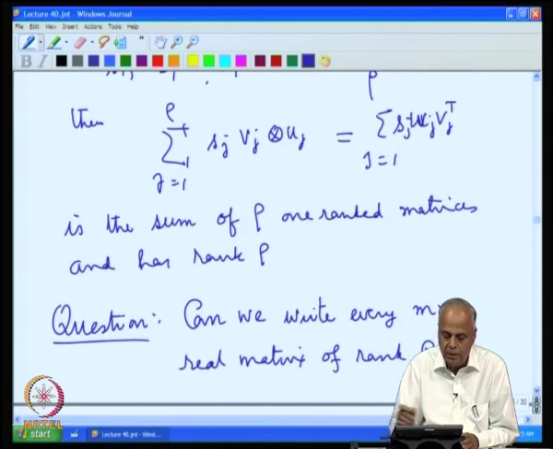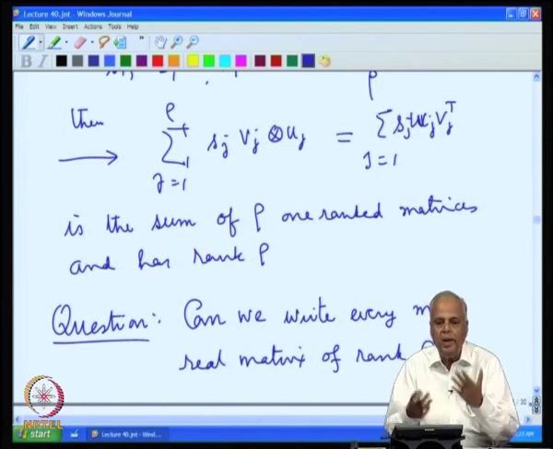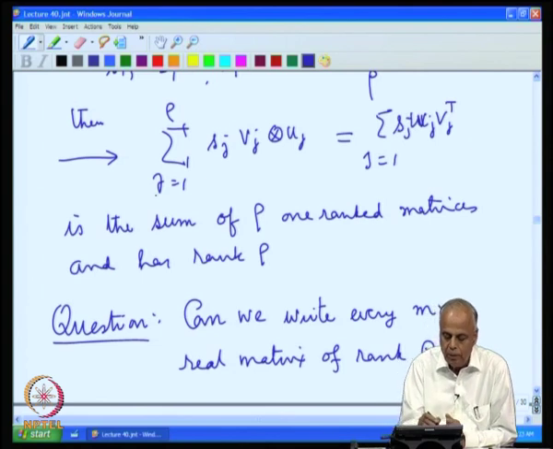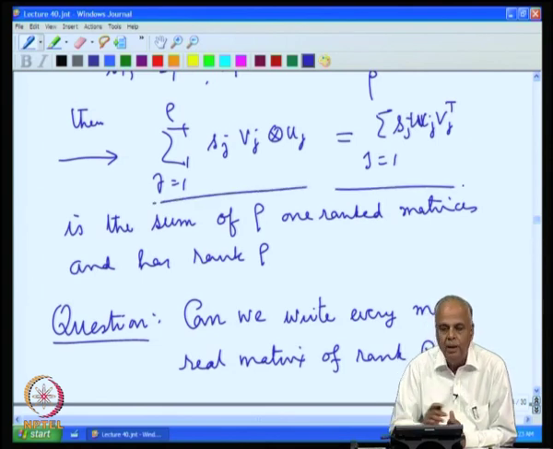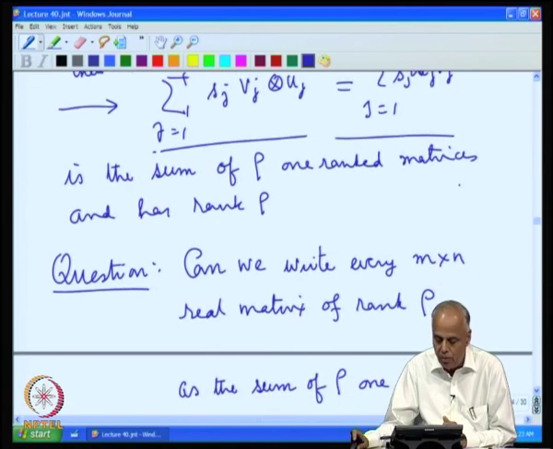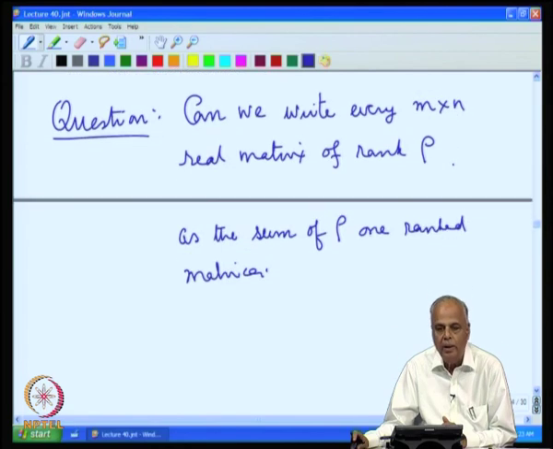See, the construction that we have here shows that we can generate a lot of rank rho matrices by putting together these rank 1 matrices. The question was whether we could do it and exhaust all the rank rho matrices, that is, whether all rank rho matrices can be generated this way, which means can we write every rank rho m by n matrix as the sum of rho rank 1 matrices.